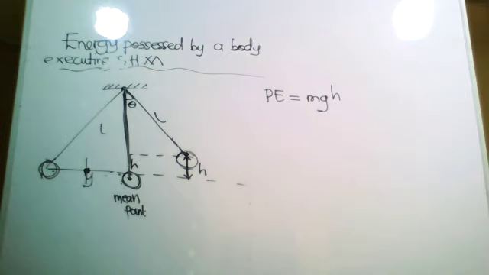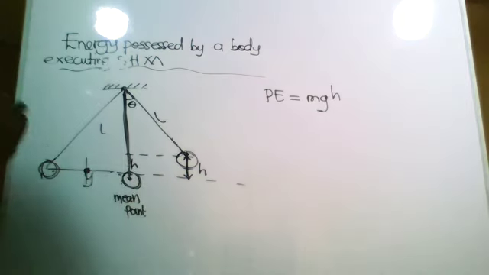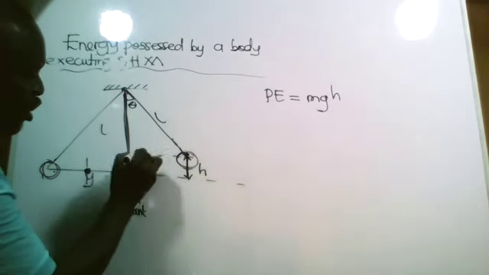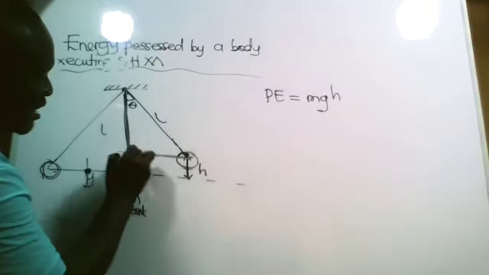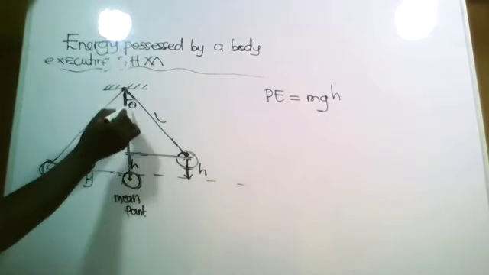This is also L. Now, please pay attention and watch this. If I draw this vertical or horizontal line from the object, I have the opposite side to this angle.